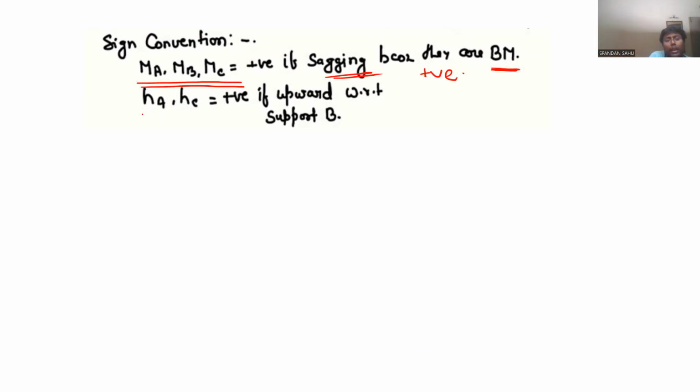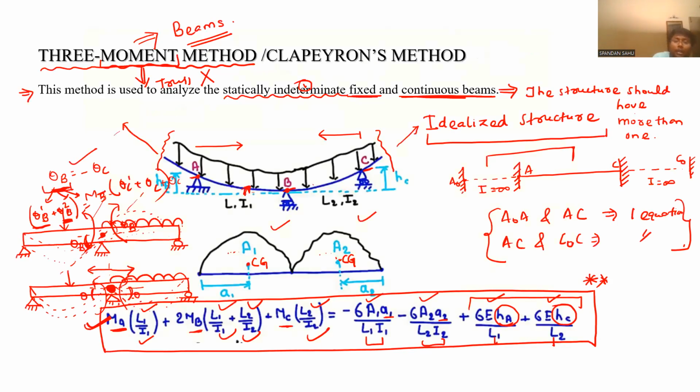Now, HA and HC. Go and stand at the mid support and see, with respect to your position, whether joint A is at a higher elevation or lower elevation. Similarly, whether joint C is at a higher elevation or lower elevation.